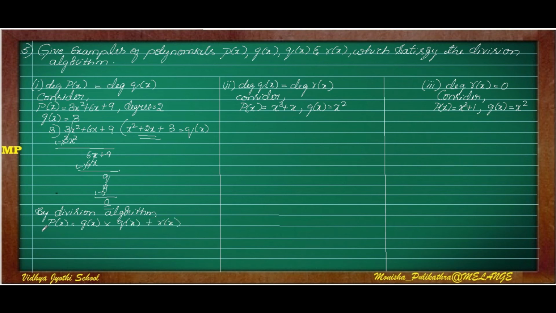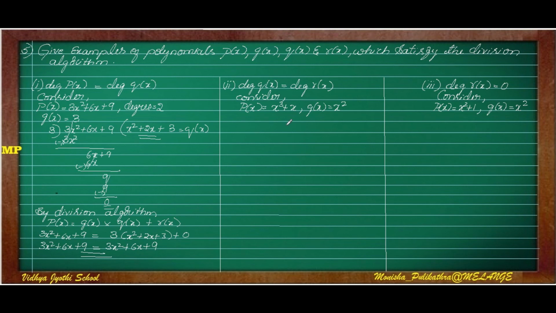Here p of x is 3x square plus 6x plus 9, which is equal to g of x, 3, into q of x, x square plus 2x plus 3, plus remainder 0. So 3 into x square is 3x square, 3 2s are 6x, 3 3s are 9. So LHS becomes equal to RHS. So whatever the question is, we have proved it.